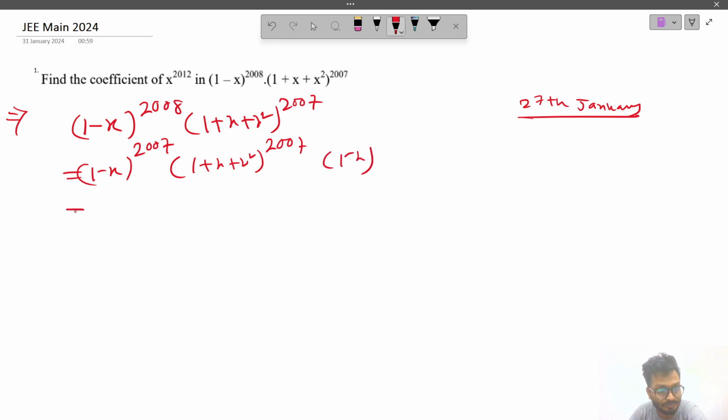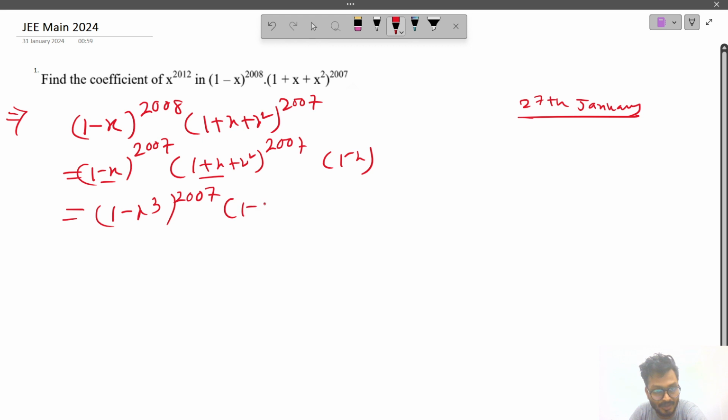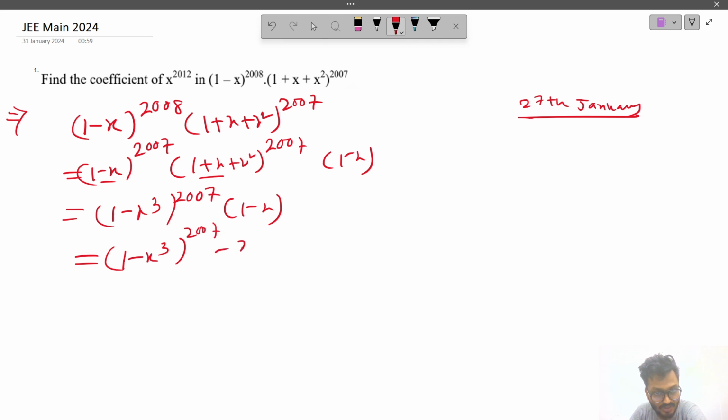This product is the formula of 1 minus x cube, so this is (1 minus x cube) to the power 2007 into (1 minus x). Now if we multiply, what we get? (1 minus x cube) to the power 2007 minus x into (1 minus x cube) to the power 2007.